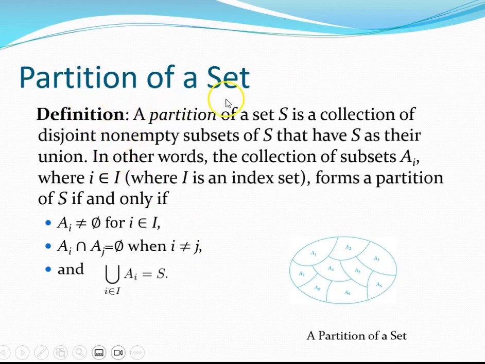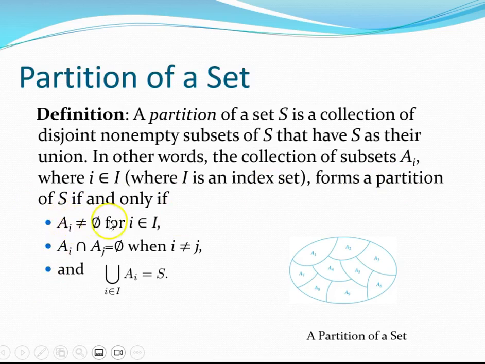Definition. Partition of a set. A partition of a set S is a collection of disjoint non-empty subsets of S that have S as their union. In other words, the collection of subsets A sub i, where i belongs to some index set I, forms a partition of S if and only if these three requirements are met.